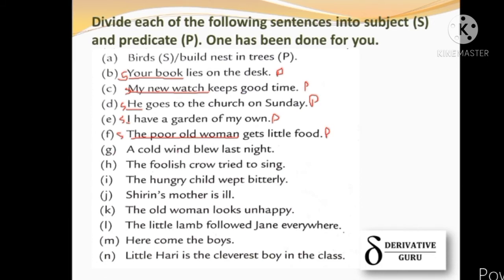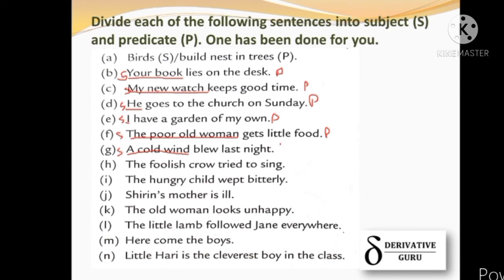A cold wind blew last night. So what is the subject? You are talking about a cold wind, right? So this becomes the subject. A cold wind is the subject and blew last night is the predicate.